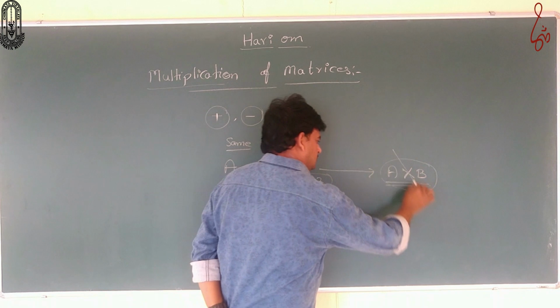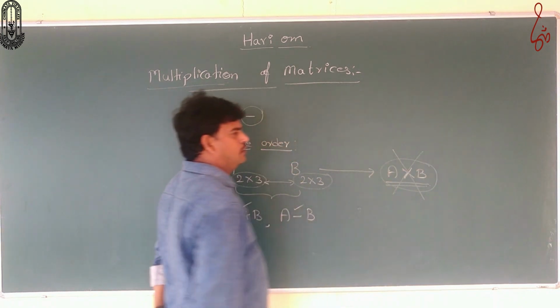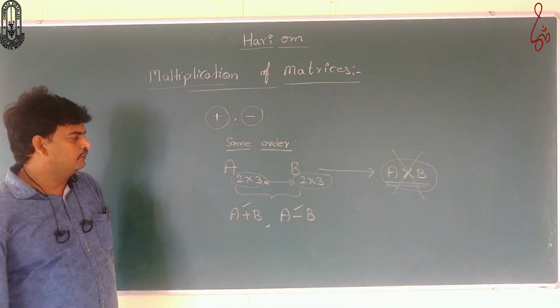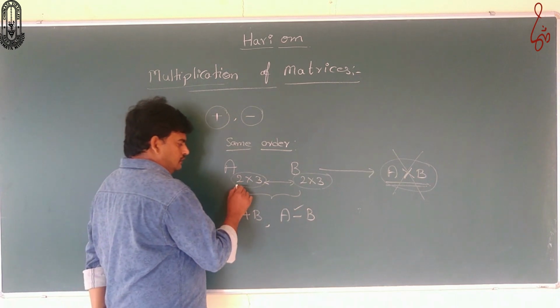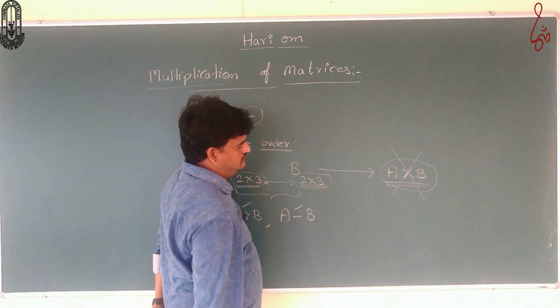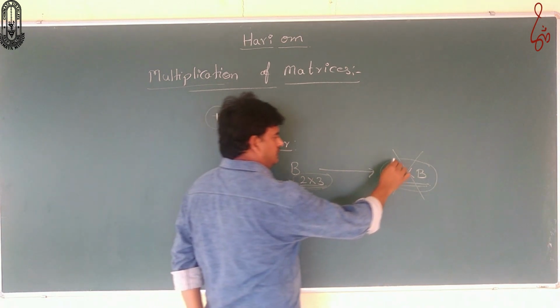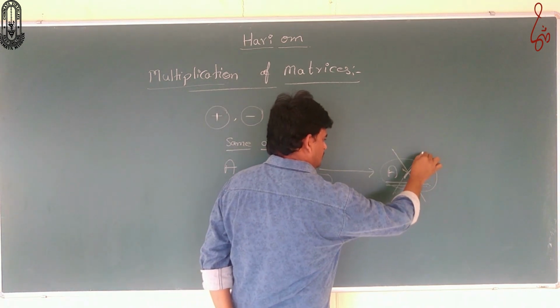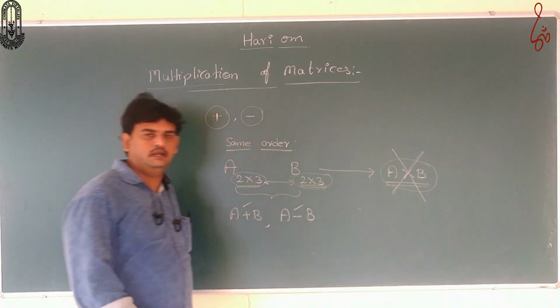Definitely here the product is not possible. So the equality of the order is not at all applicable for the product of the matrices.